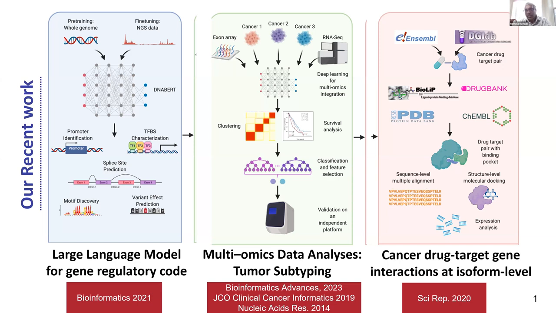We're also investigating cancer drug and drug target interactions, and how they're affected by splice variant protein isoforms. I'm not going to talk about that, but mostly I will be focusing on the DNABERT that we released in 2021, which has become very popular and used in many applications now. Then, time permitting, I'll get into the second project.